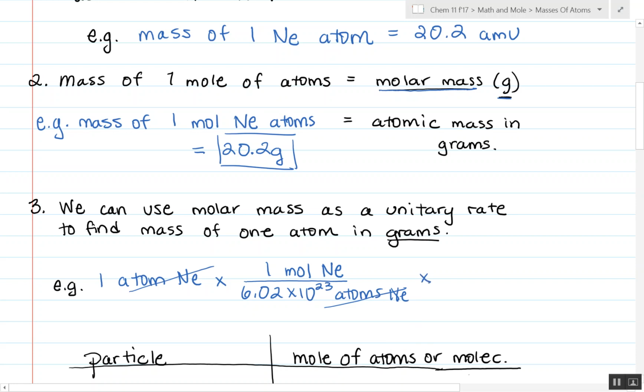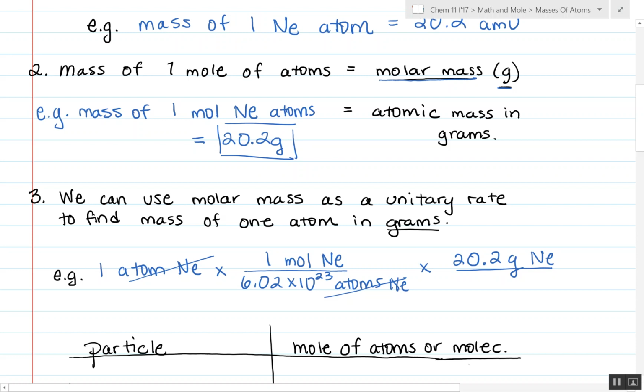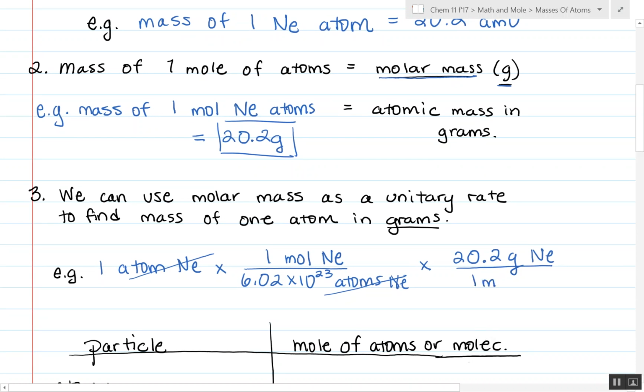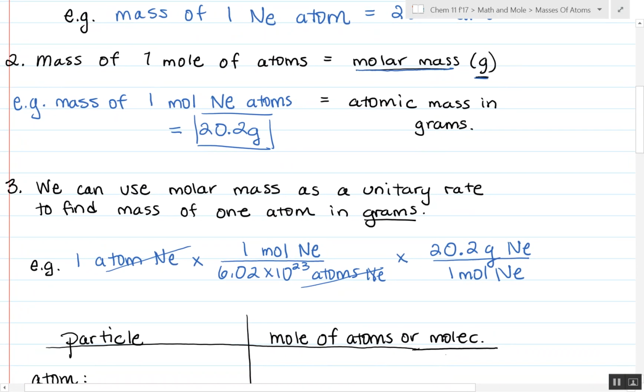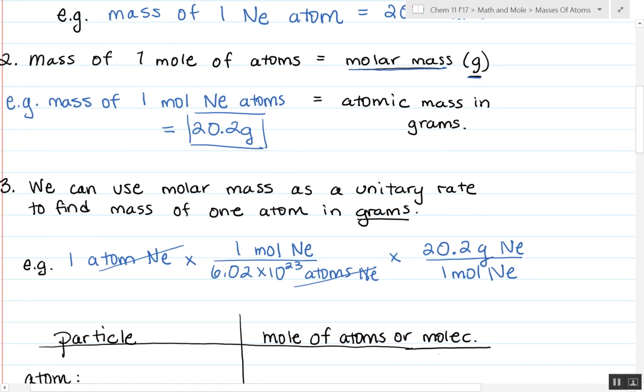And now we can use our molar mass of 20.2 grams of neon in 1 mole of neon to determine the mass of that one atom.